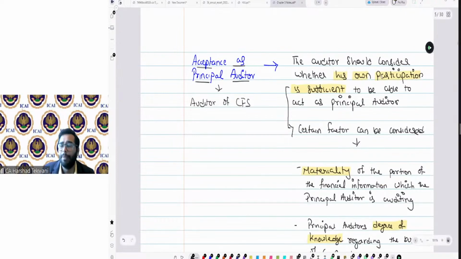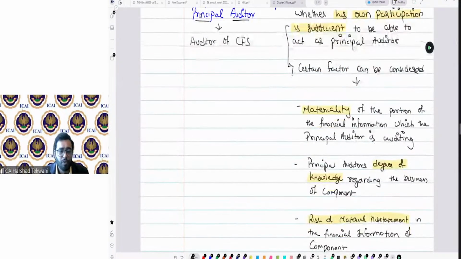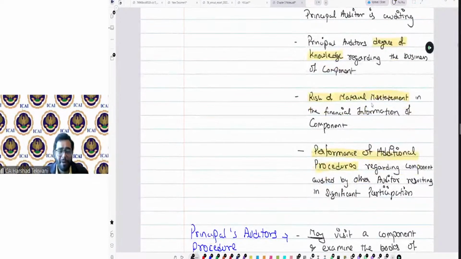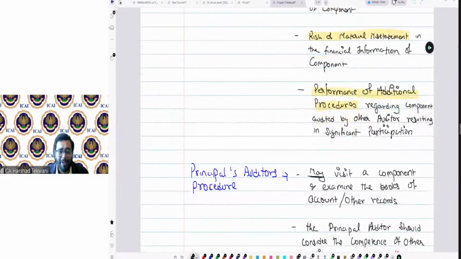And if the answer to this question comes to no, then the auditor of the parent entity cannot be a principal auditor. So he needs to decide based on materiality, the principal auditor's degree of knowledge regarding the business of the component, risk of material misstatement in the financial information of the component, and performance of additional procedures.